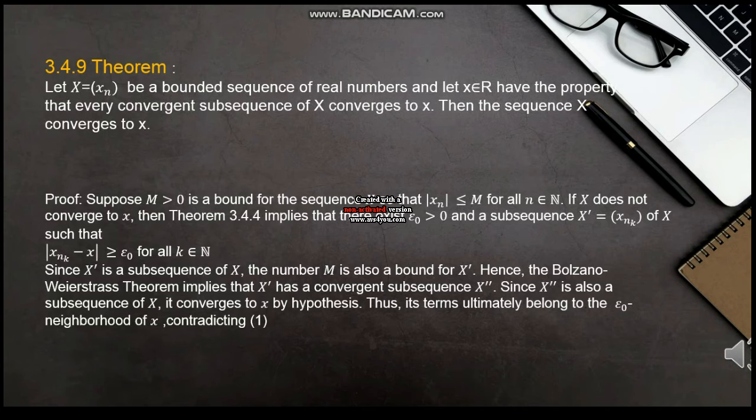If X doesn't converge to x, then Theorem 3.4.4 implies that there exists epsilon_0 greater than 0 and a subsequence X' equal to (x_nk) of X such that the absolute value of x_nk minus x is greater than or equal to epsilon_0 for all k in the natural numbers. Since X' is a subsequence of X, the number M is also a bound for X'.